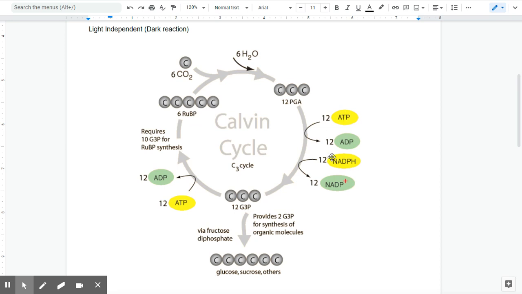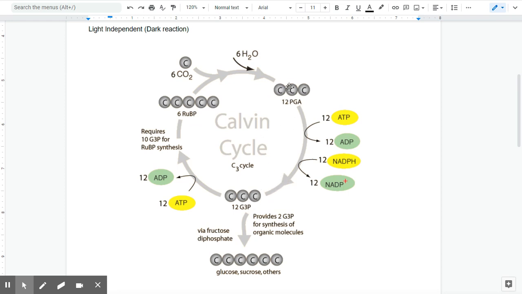So it kind of saps the energy that they were carrying and turns them into their older, less energetic forms. It uses that energy to attach these molecules of carbon together.